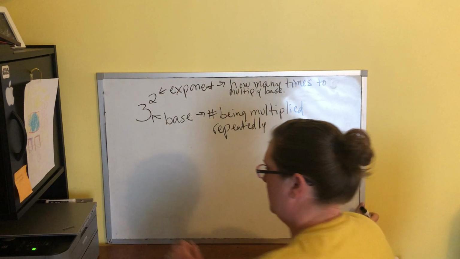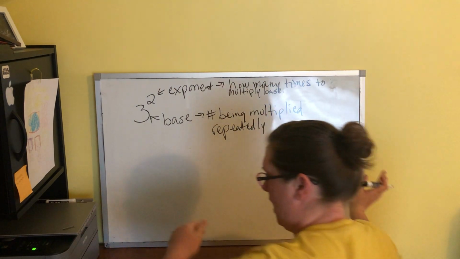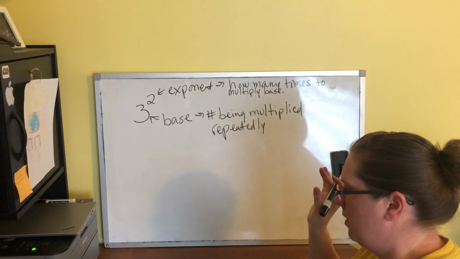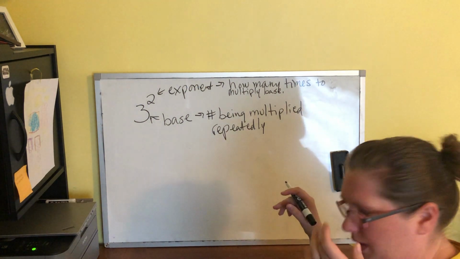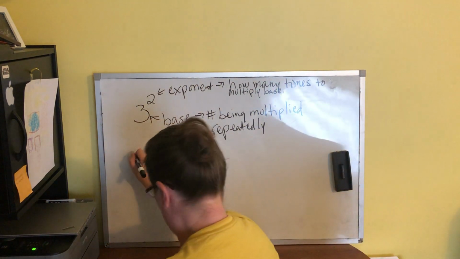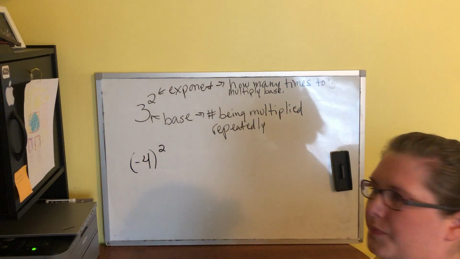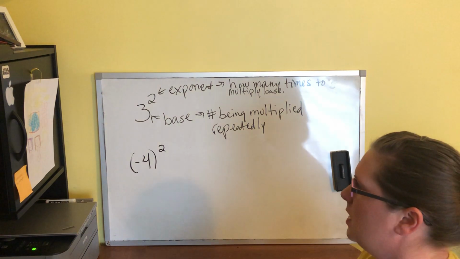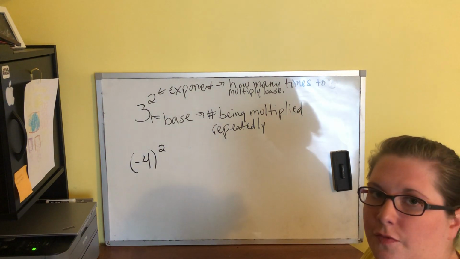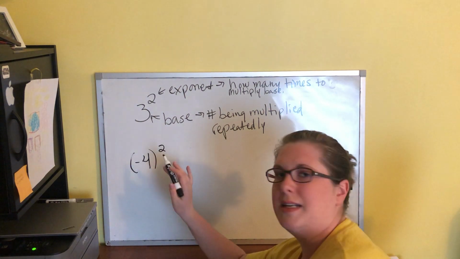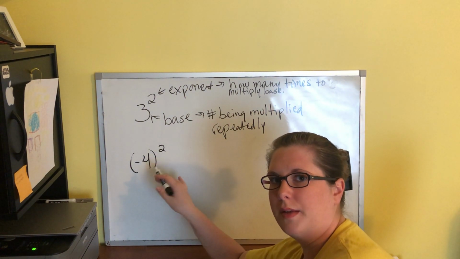Now, when we start getting into negatives, this is where it can get a smidge tricky. Okay, you can do it, you just have to really pay close attention. So if you were given (-4) squared, now you notice that the -4 is in parentheses. That means that the negative is included with the base.